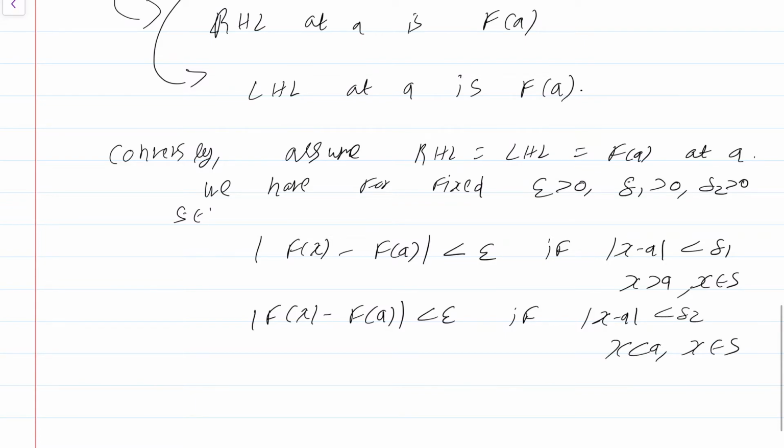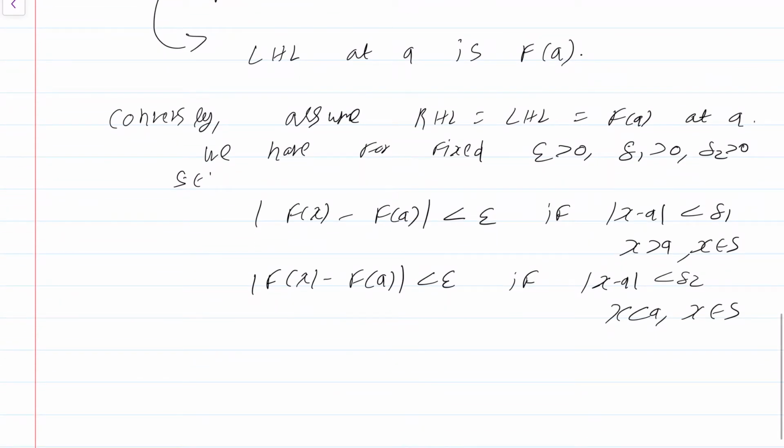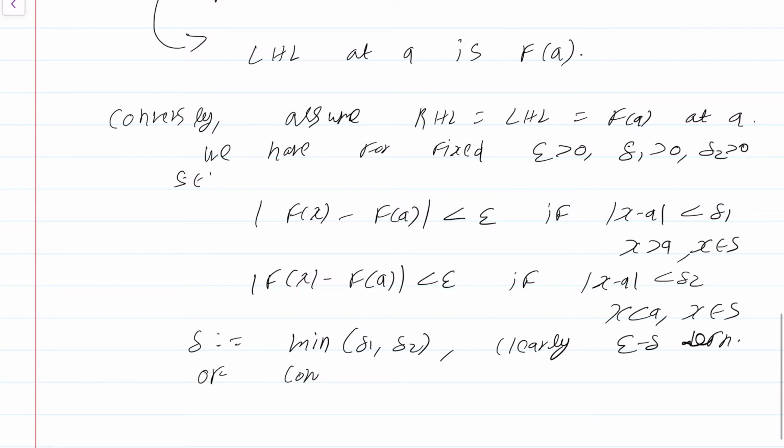I have just translated the left hand limit existing at the point a and the right hand limit existing at the point a into these conditions. So if you choose delta to be the minimum of delta 1 and delta 2, clearly the epsilon delta definition of continuity is satisfied.